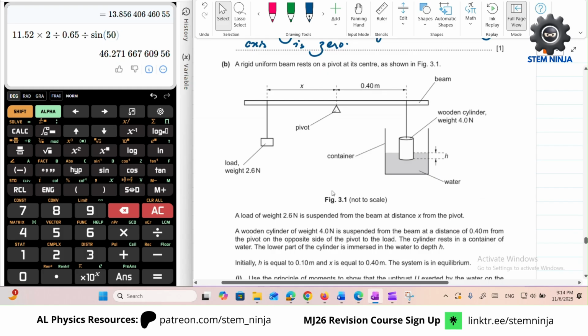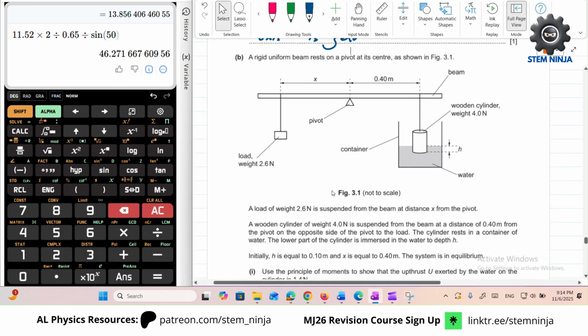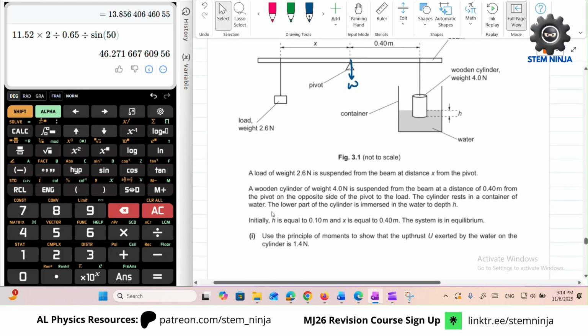Okay. A rigid uniform beam rests on a pivot at its center. Uniform beam means that this is where the weight acts. A load of weight 2.6 newtons is suspended from the beam at a distance x from the pivot. A wooden cylinder of weight 4 newtons is suspended from the beam at a distance of 0.4 meters from the pivot, on the opposite side of the pivot to the load.